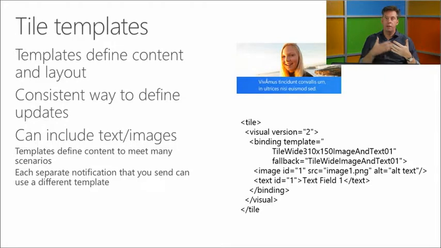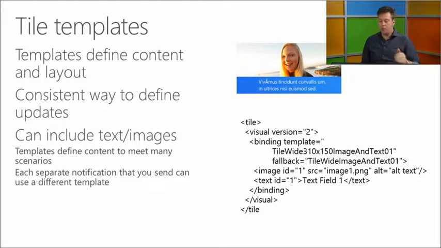So you provide the text and the template and maybe the links to images, and Windows makes sure that it's updated on the tiles. That's how it's possible to have that many tiles on your screen and have them being updated all the time. Windows makes sure that it doesn't interfere with the performance of the machine. So it's a very lightweight mechanism to make this possible.